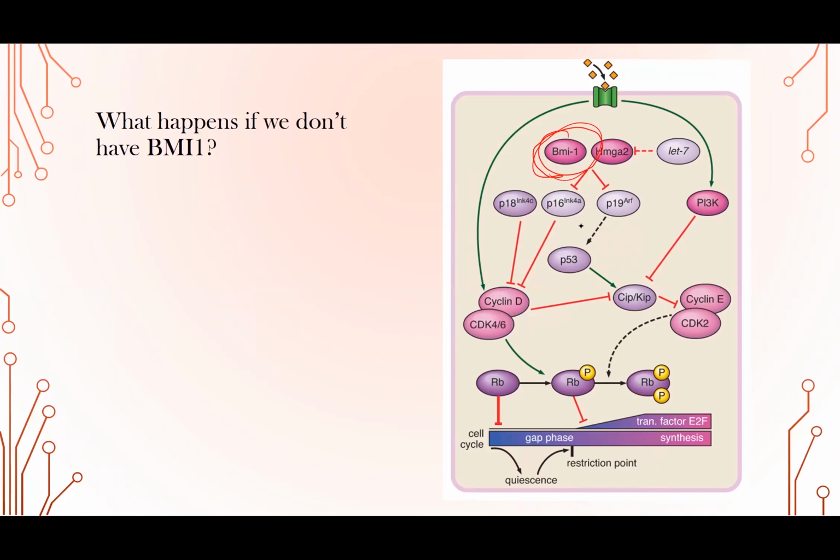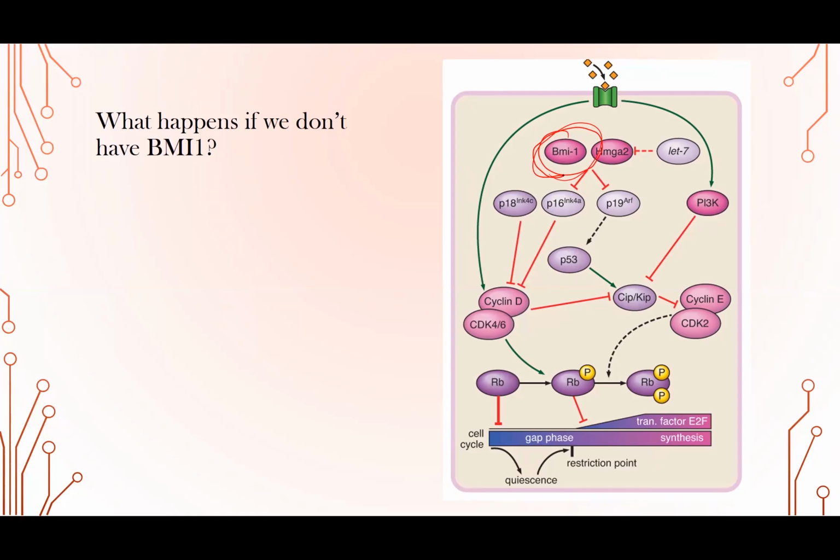We have an answer. Someone said the production of P16 would continue? Yeah, so you're on the right track. So because BMI1 inhibits P19, did you see P19? P16. Okay, so BMI1 is inhibiting P19, and HMGA2 is inhibiting P16. So these are going across.